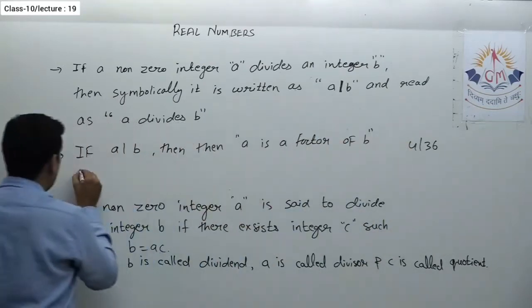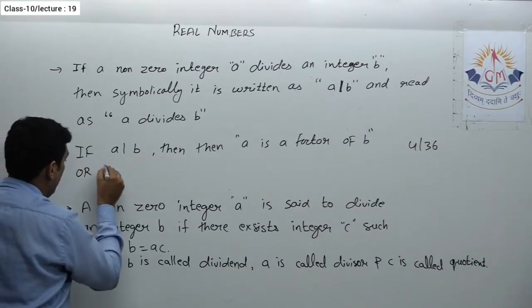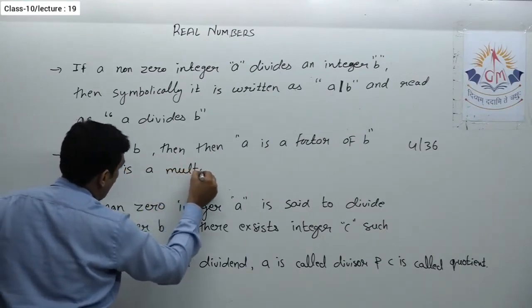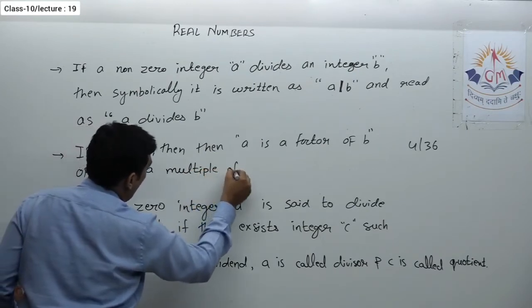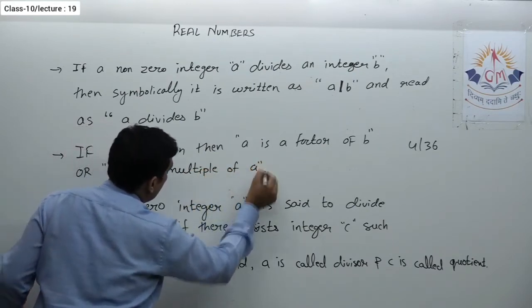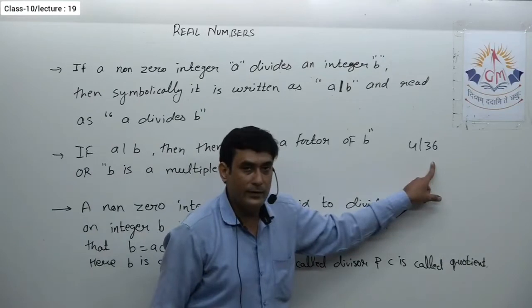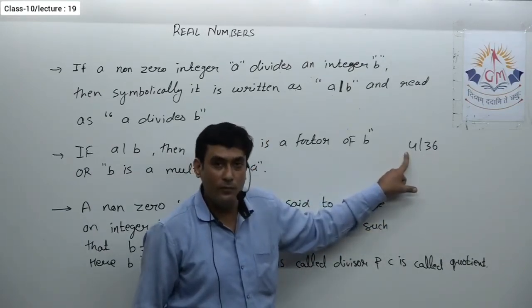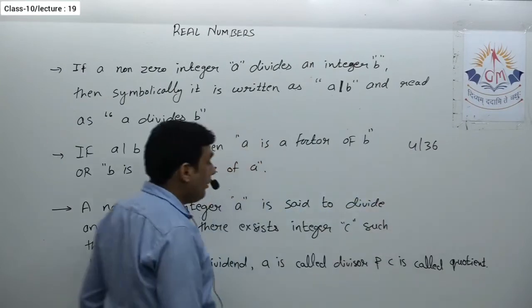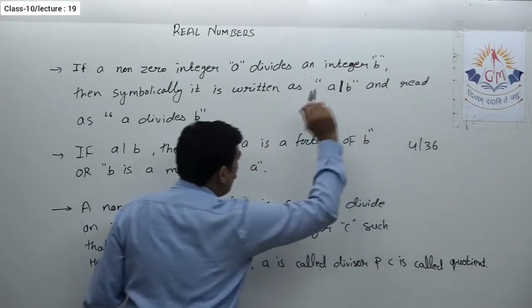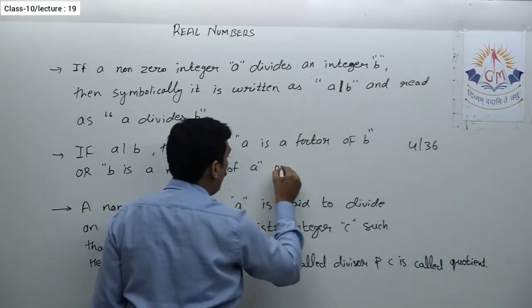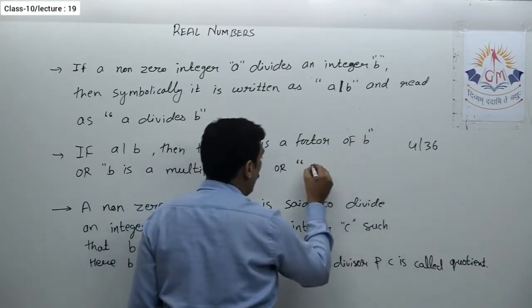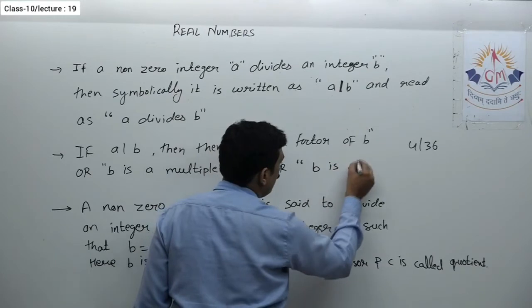That means B is a multiple of A. Isn't it? Here 4 divides 36, so definitely I can say 36 is a multiple of 4. Okay, also I can say 36 is divisible by 4, or B is divisible by A.